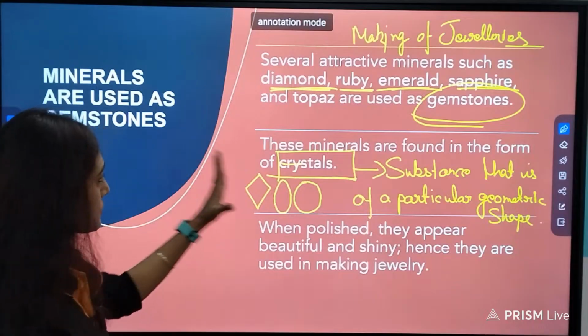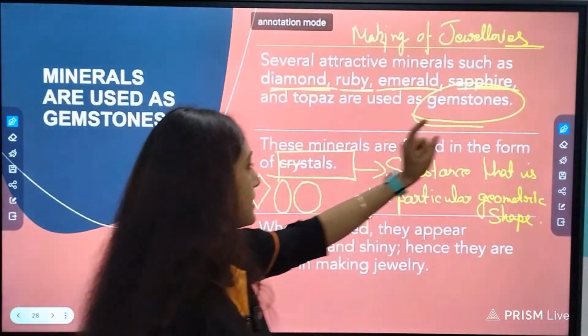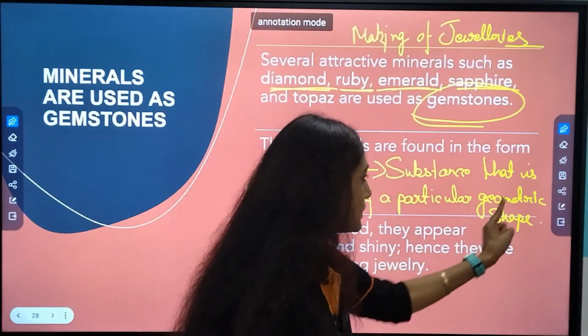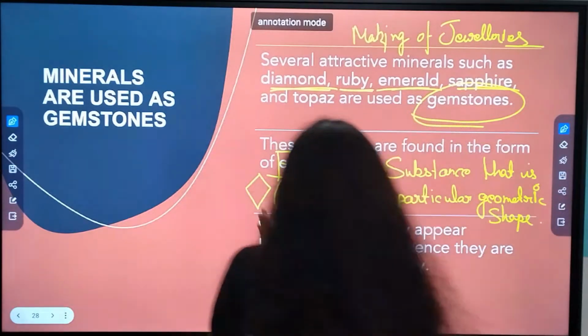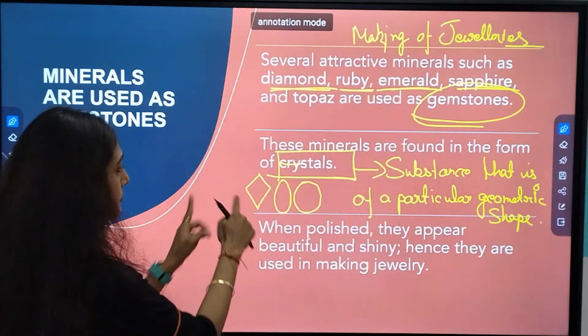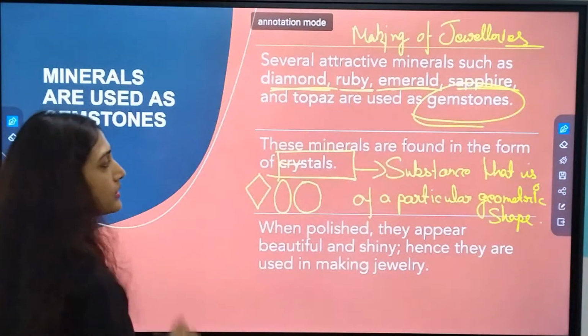Okay, so crystal is a substance that is of a particular geometric shape. See this kite shaped or oval or round, etc.